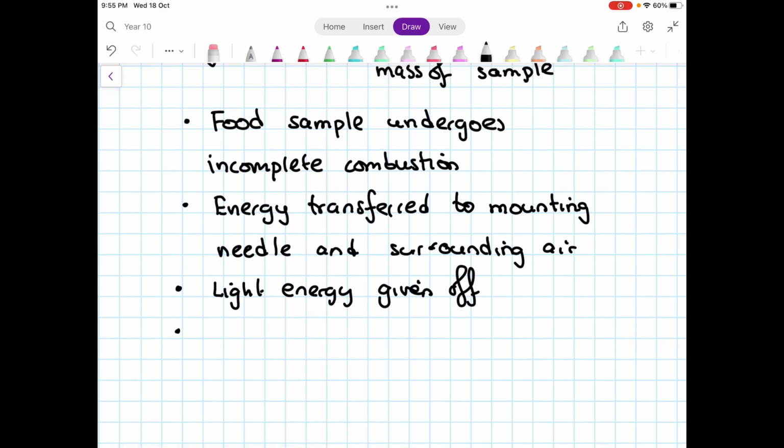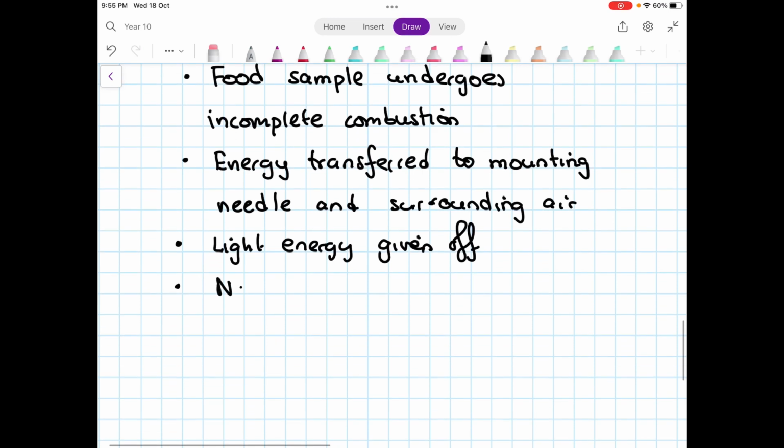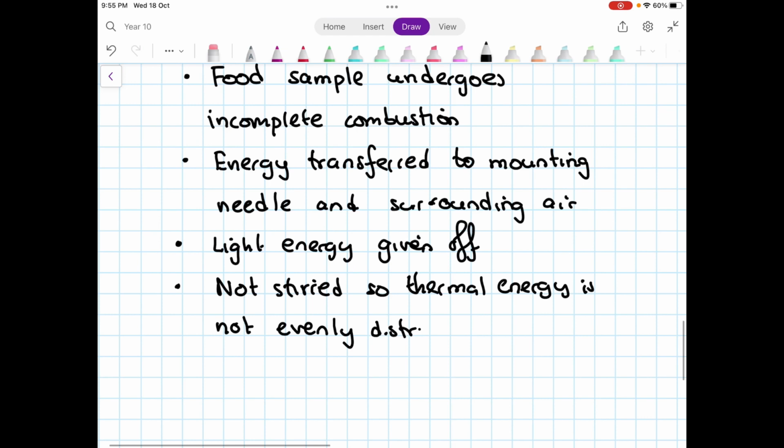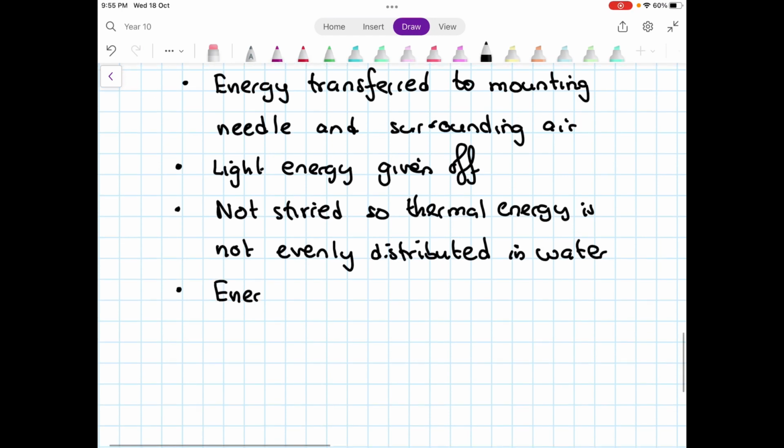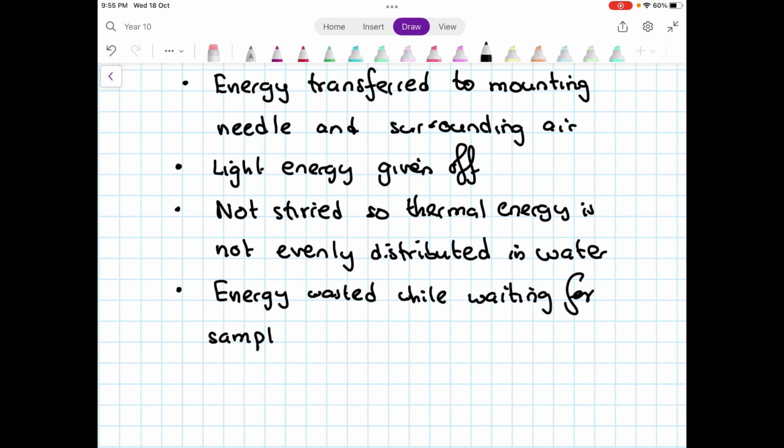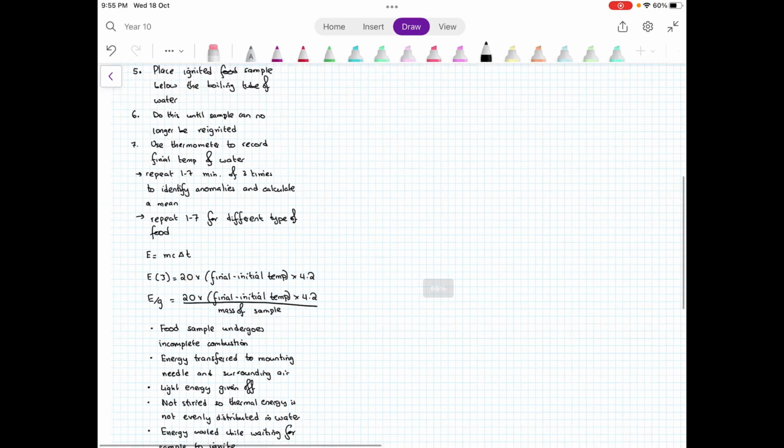The water might not be stirred, so thermal energy is not evenly distributed. And some energy is wasted in the time taken for the sample to ignite. So these are some of the weaknesses in our procedure.